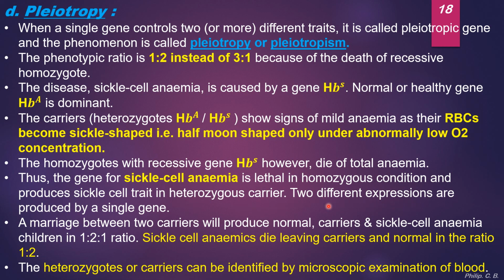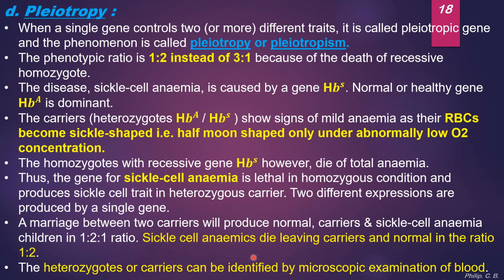Two different expressions are produced by a single gene. Now here, when crossing over takes place, one will be the dominant one, two will be carriers, and the fourth one will be the recessive, and the recessive, as mentioned, does not survive. So a marriage between two carriers will produce normal, carrier, and sickle cell anemic children in a 1:2:1 ratio.